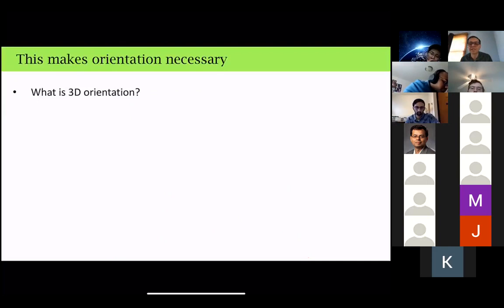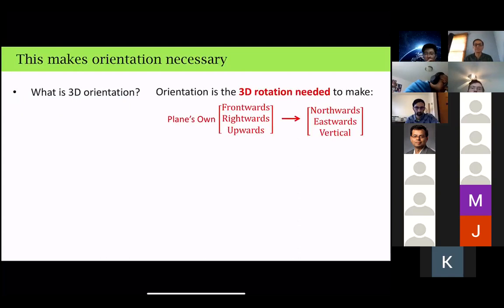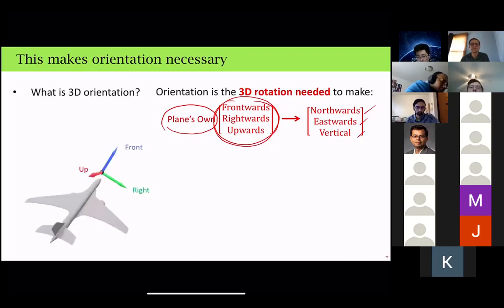And what is 3D orientation? The plane's own reference frame is, let's say, X, Y, Z. Orientation is what rotation you need to give to the plane's own reference frame to align with the global reference frame, which is north, east, vertical sky. Here's the example.